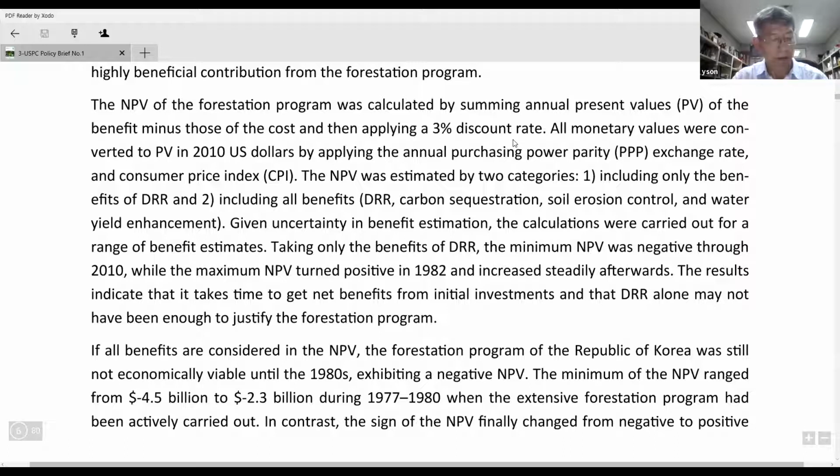And then we also converted present value into 2010 US dollars using PPP exchange ratio and CPI. That's the methodology I also explained previously.